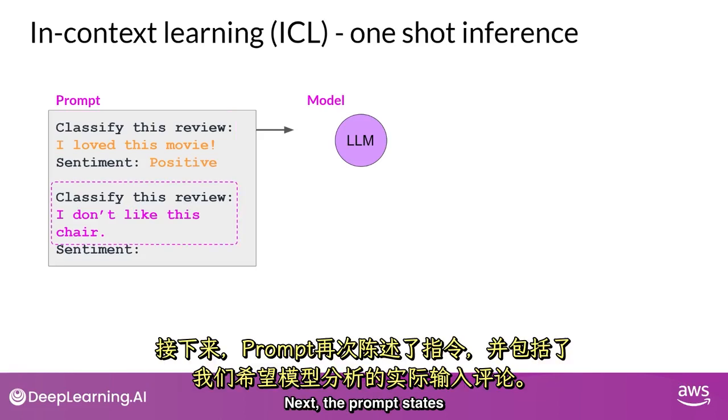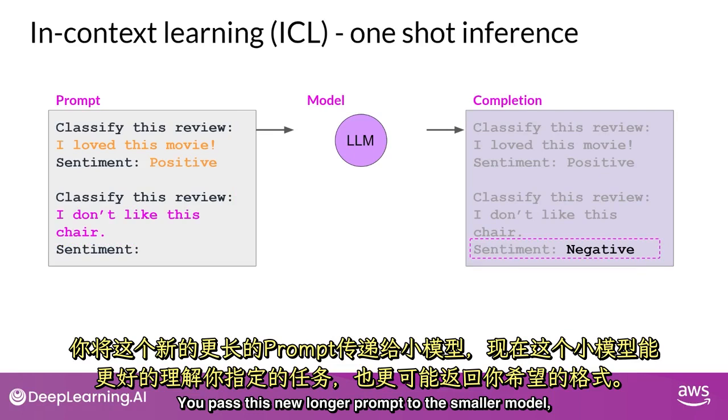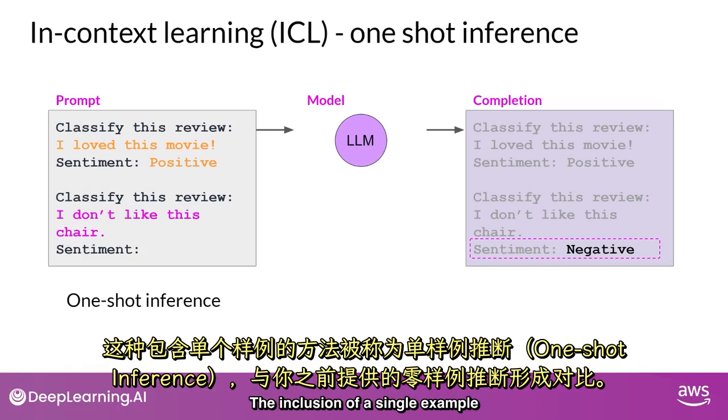Next, the prompt states the instruction again and includes the actual input review that we want the model to analyze. You pass this new longer prompt to the smaller model, which now has a better chance of understanding the task you're specifying and the format of the response that you want. The inclusion of a single example is known as one-shot inference, in contrast to the zero-shot prompt you supplied earlier.